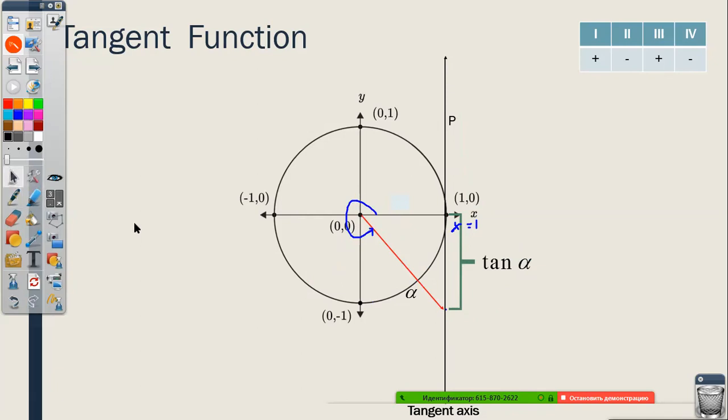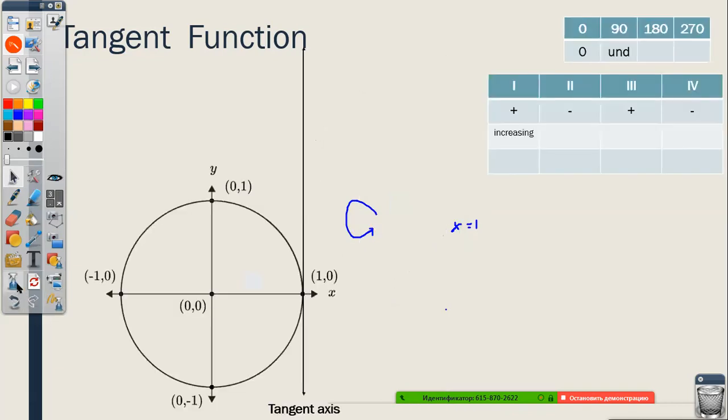Then let's continue. Here we have the unit circle again, and let's see in which quadrant the tangent function is increasing or decreasing, positive or negative. In the first quadrant, I will show you three different angles.